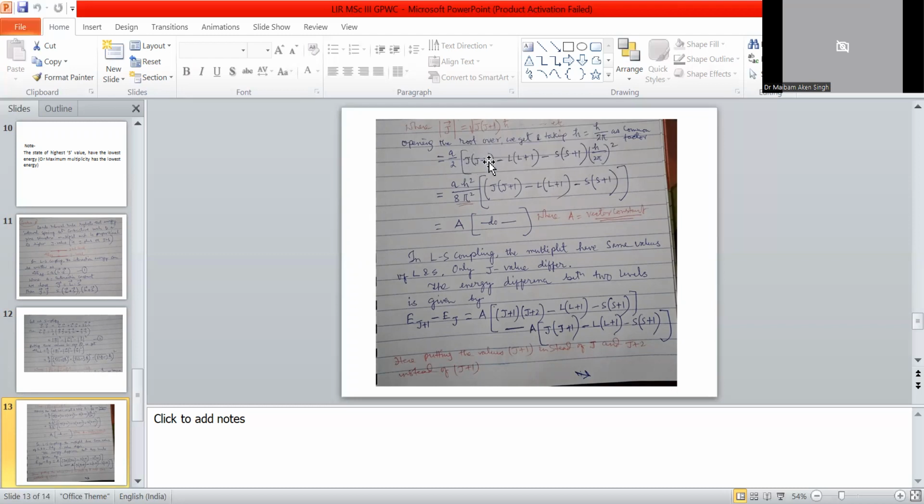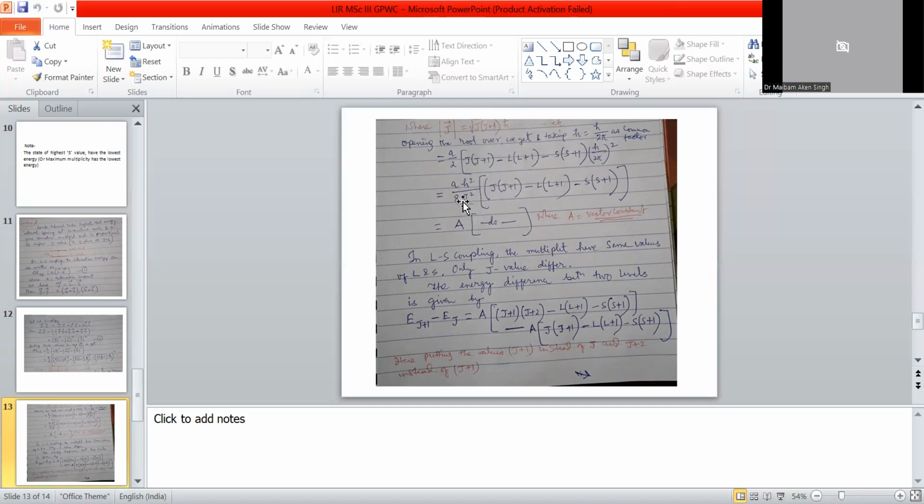When opening the root, the power gets cancelled, since root means to the power half, and half into 2 neutralizes the 2 in the above part. Then 2 into 2 means 4, and 4 into 2 means 8. So we have A by 8, times Planck's constant square divided by pi square.